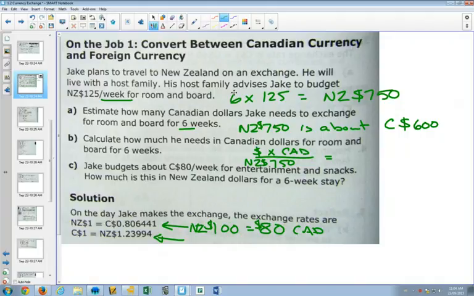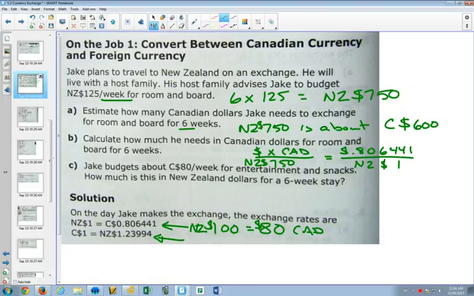If you use the first one, we have Canadian dollars on top. So on the top of our fraction, we'll put 0.806441. And on the bottom of our fraction, we'll say that that's equal to 1 New Zealand dollar. How do we solve our ratio?